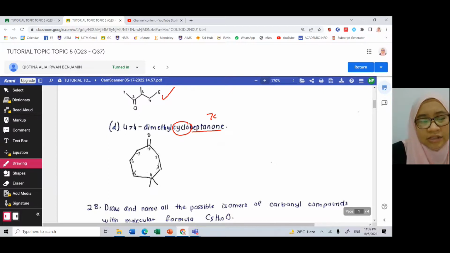Let's say Christina assigned this carbon as carbon number 1, to this carbonyl group. Then starting from here, 1, 2, 3, 4. We have 2 methyl groups here, so that's why it is 4,4-dimethyl. Also correct. Very good.